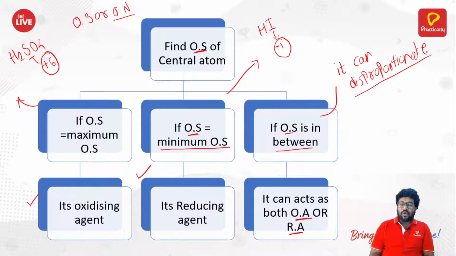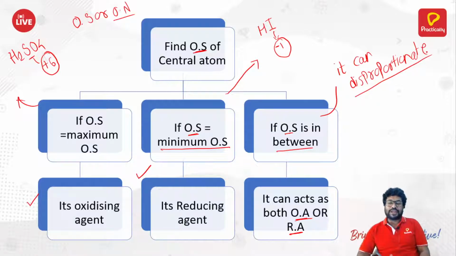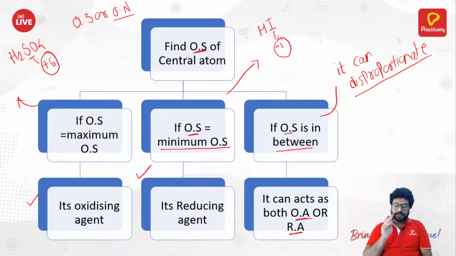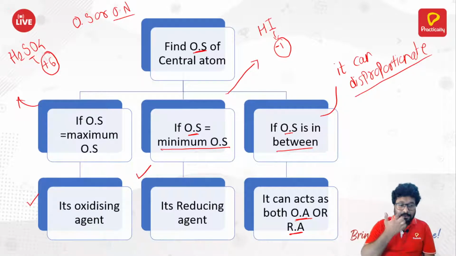Now how and why it can disproportionate, that we will see in the next lecture. But for the time being, if the maximum oxidation state is achieved by the central element, it's an oxidizing agent. If the minimum oxidation state is possessed by the central element, it can act as a reducing agent. If it is in between, it can act as both, or it can disproportionate.